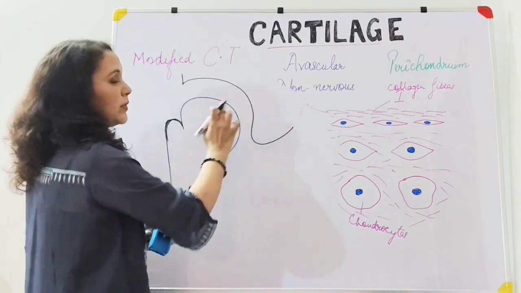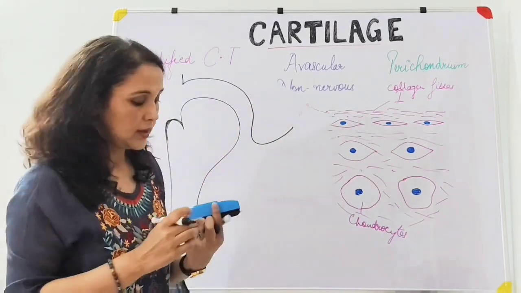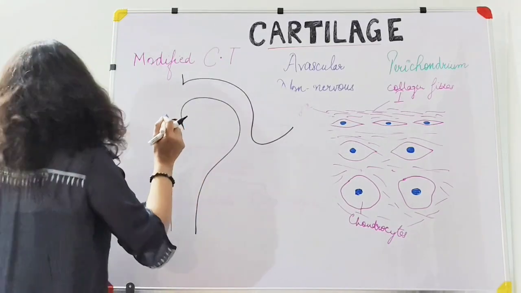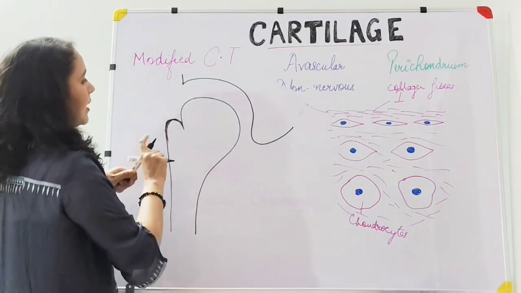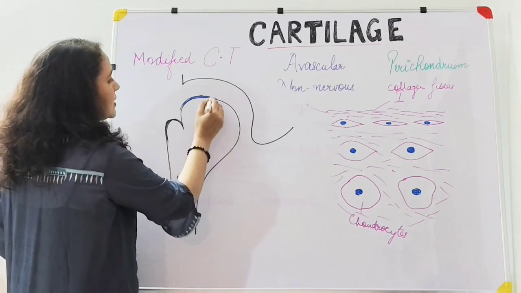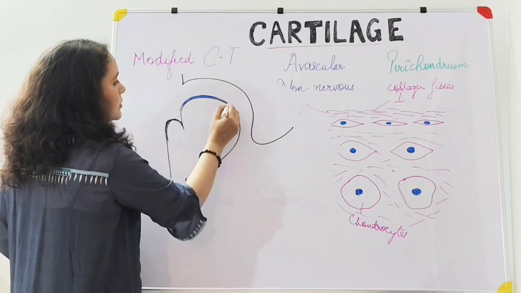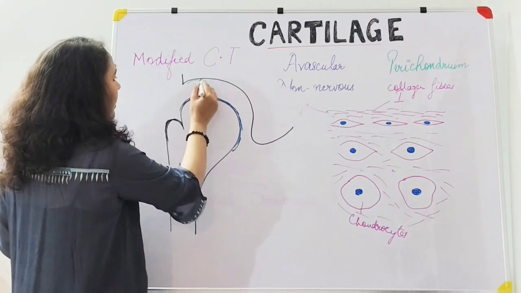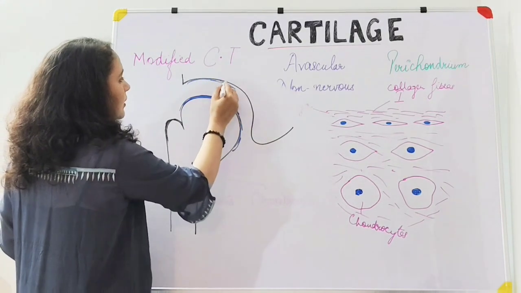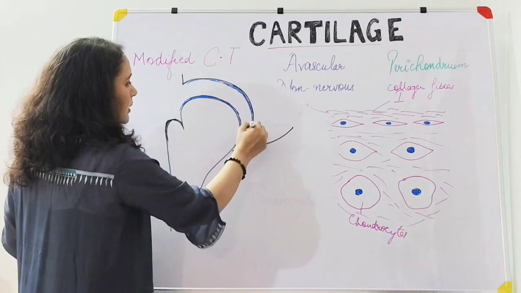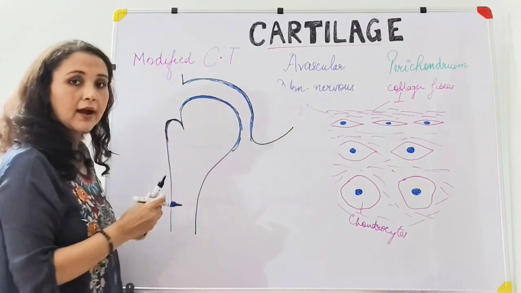They will be forming a joint, that is the shoulder joint. Now here, these are the articular surfaces, which will form the joint. So the articular surface of the humerus as well as the articular surface of the scapula are both lined by hyaline cartilage.